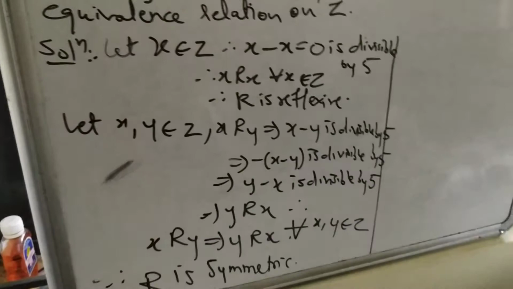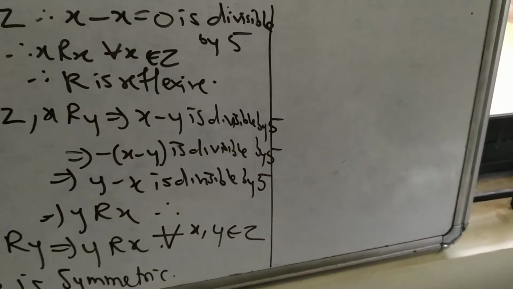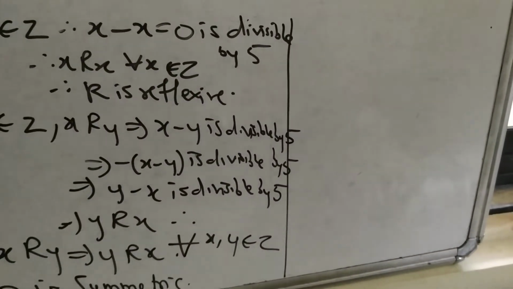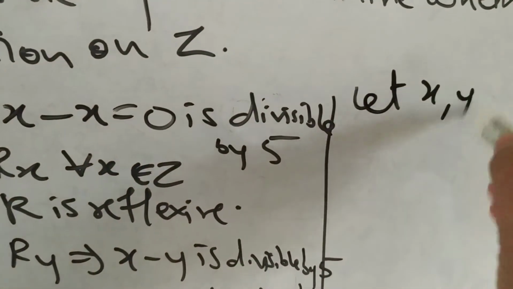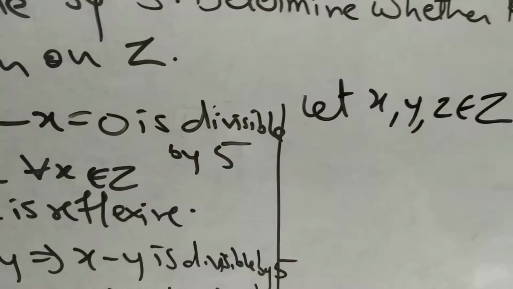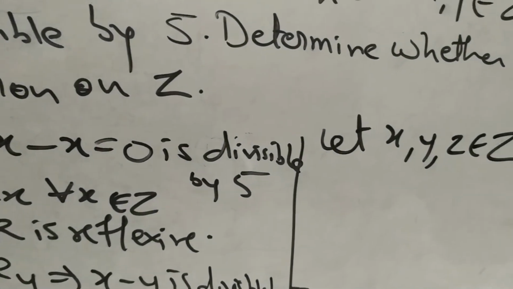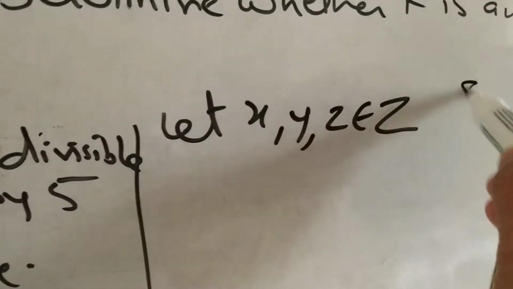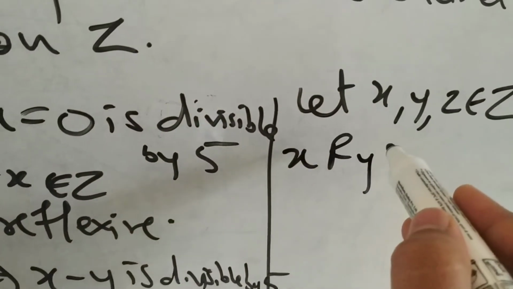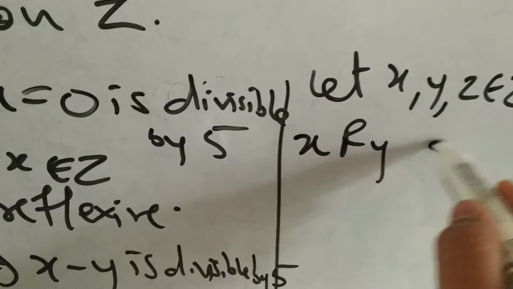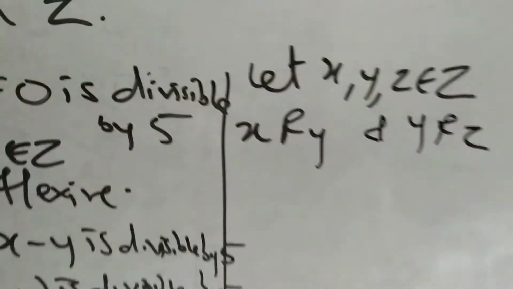Now to show that R is transitive, let us consider x, y, z belongs to Z, that is the set of integers, such that x related to y and y related to z.